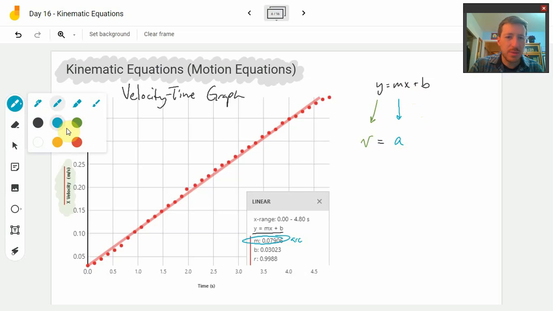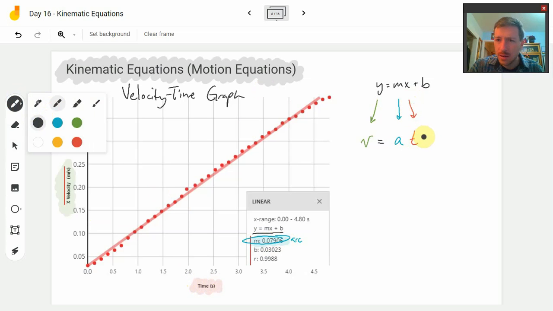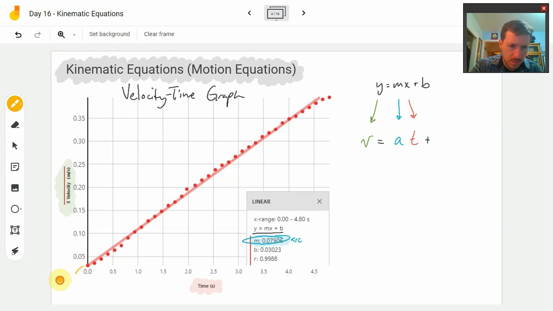And the x, as we mentioned, is whatever variable is on the x-axis, which happens to be time in this case. Then our b is the y-intercept. The y-intercept represents the case when the time is 0. When our x variable is 0, what is the y variable?